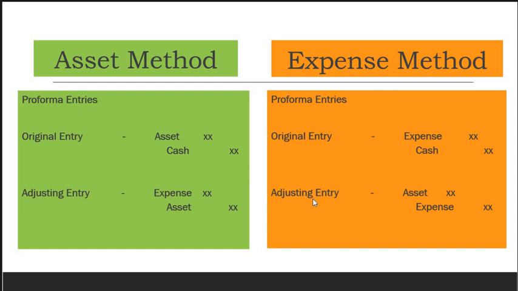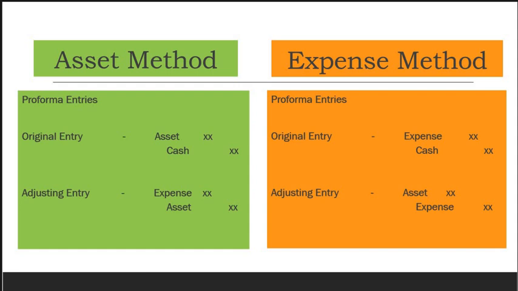Now, pagdating ng adjusting entry, kasi ang initial mo na record ay expense, ang hahanapin natin ay yung asset portion or yung portion na hindi pa expired. Okay? So, kanina, pag asset method, ang hahanapin natin ay ang expense part or yung portion na expired na or nagamit mo na. Pero pag expense method, pagdating ng adjusting entry, ang hahanapin natin ay ang asset part or yung portion na hindi pa na-expire, hindi pa na-consume, hindi pa na-gamit.